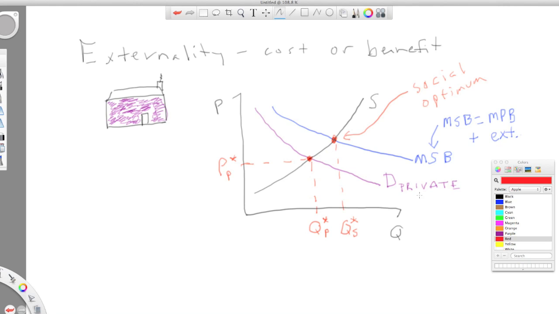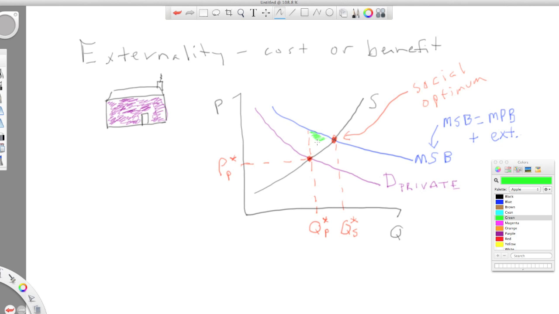So it's the best outcome if we could somehow account for all of these costs and all of these benefits. Now we can use the idea of deadweight loss, which we've seen in previous work, to help us understand what's going on here. The problem is that when quantity falls short, we end up with an efficiency loss, a deadweight loss in the amount of this area right here.